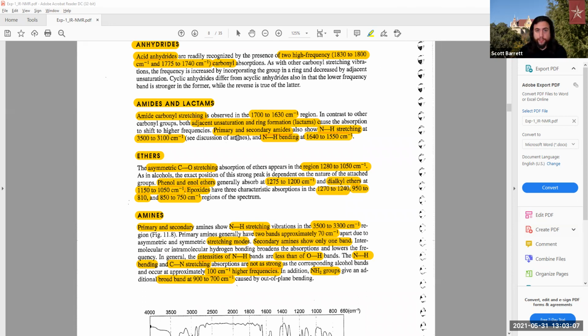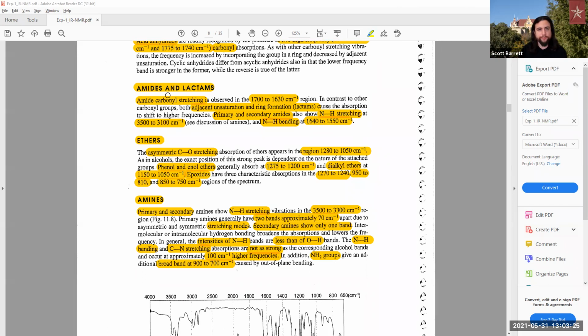Also, primary and secondary amides show nitrogen-hydrogen stretching in the 3,500 to 3,100 inverse centimeters. That's a very characteristic one that you could see. And also the nitrogen-hydrogen bending in the 1640 to 1550 inverse centimeters region.